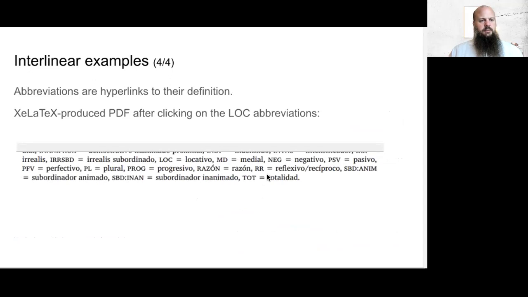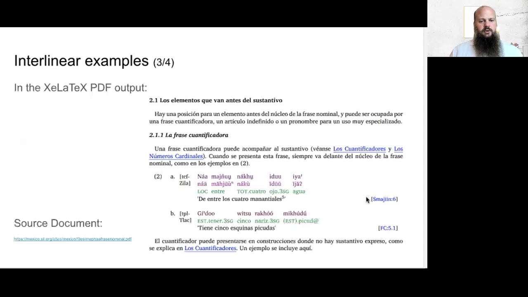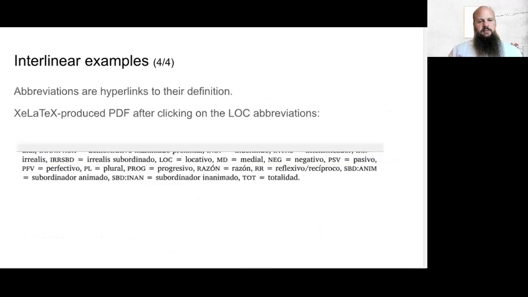If a reader of the PDF wants to see what an abbreviation in the text is, say the EST right here in section 2, example 2B, I could click that, and it would take me to a section like this that would show what that was. And I could see my abbreviations.